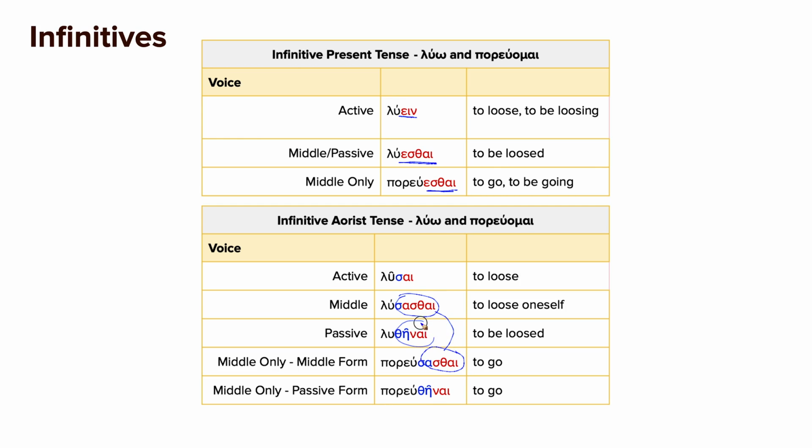And then this one here is the same as this one here. So whether it's a verb being used like to do something to oneself or to be loosed, you use the exact same form for these middle only verbs. So lusasthai, poreusasthai, luthenai, poreuthenai. And these, just to make life more interesting, are pretty much interchangeable, right? So you can say poreusasthai and poreuthenai, and they mean pretty much the same thing.